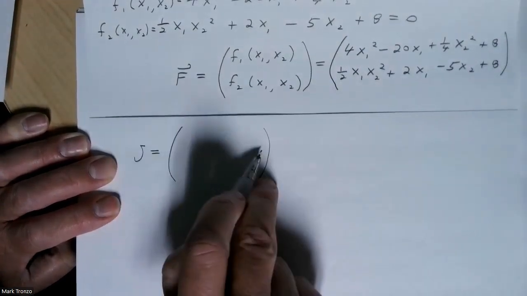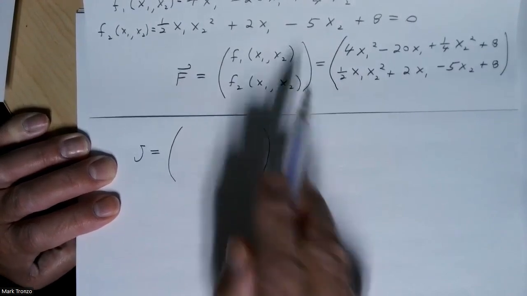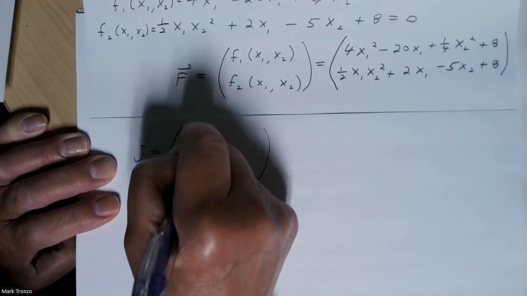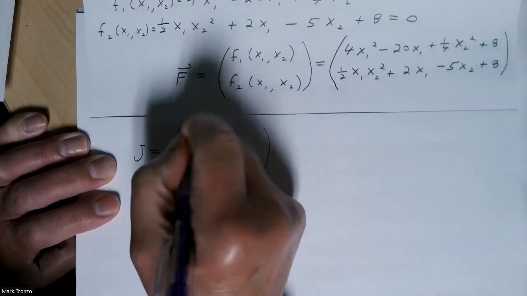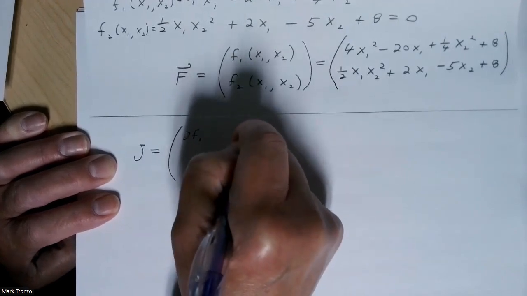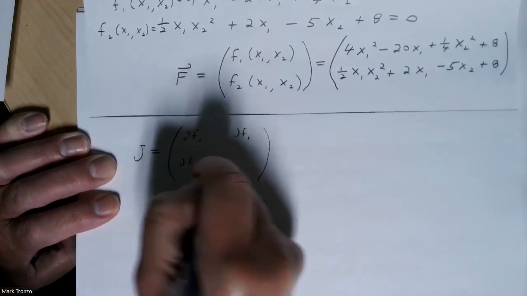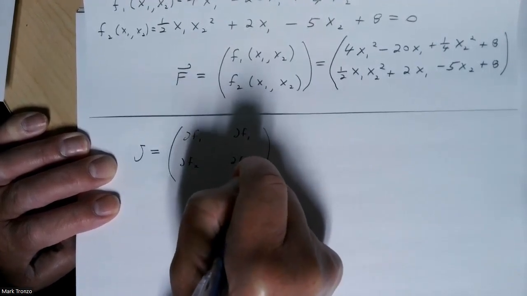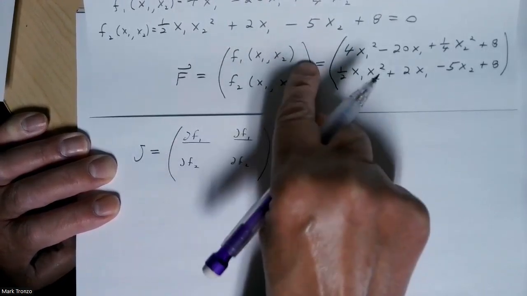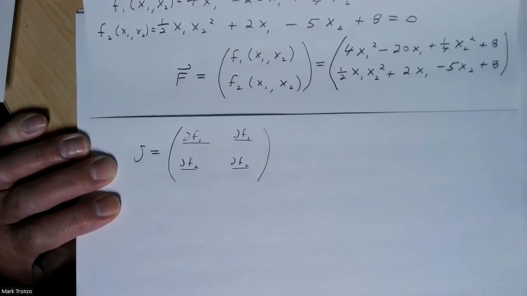And the first row is going to be using just this first function only. So we're going to take the partial derivative, df1, df2. So the first row will have just the first function. The second row will just have the second function with the partial derivative.